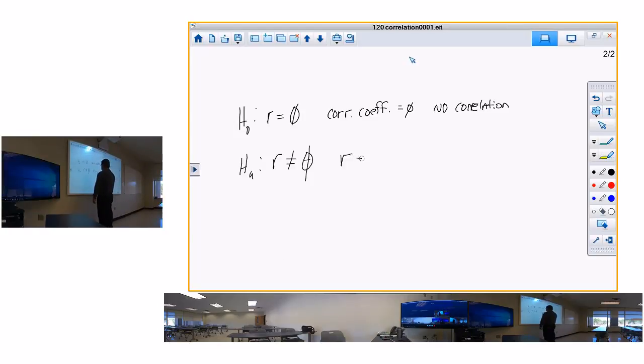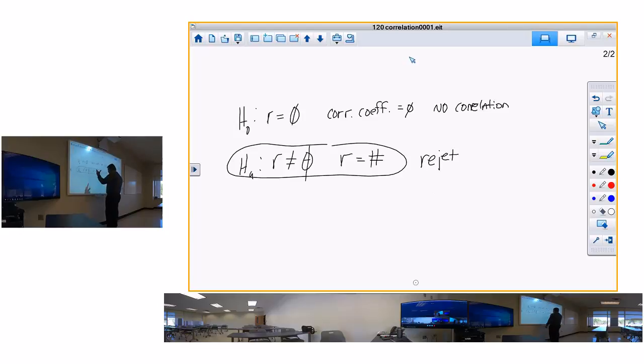If it's equal to a number, then you hold the alternative hypothesis and you reject the null. Okay, so it's not really that big of a deal.